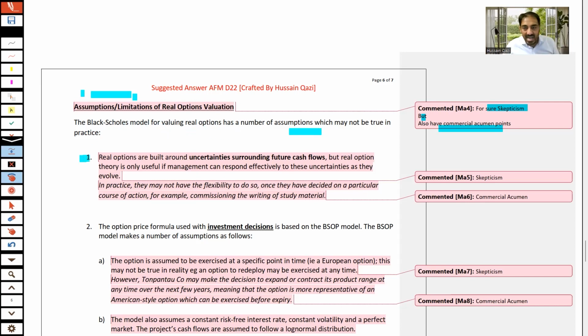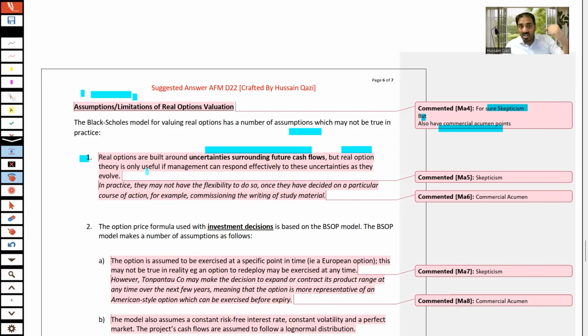The first, very prime assumption is that real options are built on the uncertainties around future cash flows. We don't know whether the future cash flows will arise or not, but real option theory assumes that if some uncertainty arises in the future, for example, if you launch the project and a competitor reacts, so this is uncertainty, how the competitor will react.